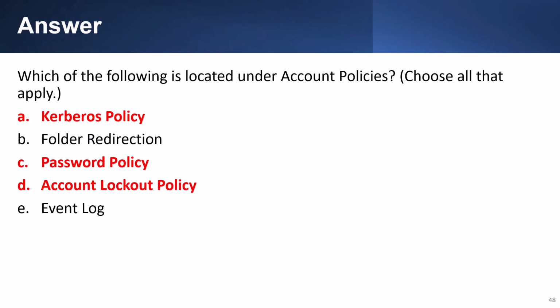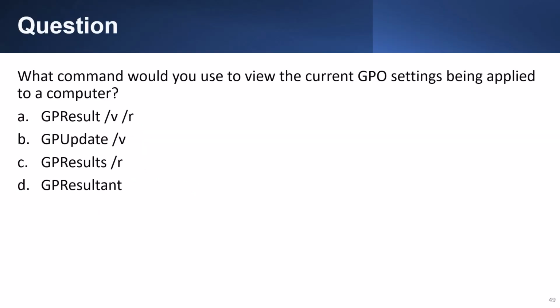Answers: Kerberos policy, password policy, and account lockout policy. Question: what command would you use to view the current GPO settings being applied to a computer? Answer: gpresult /v /r.